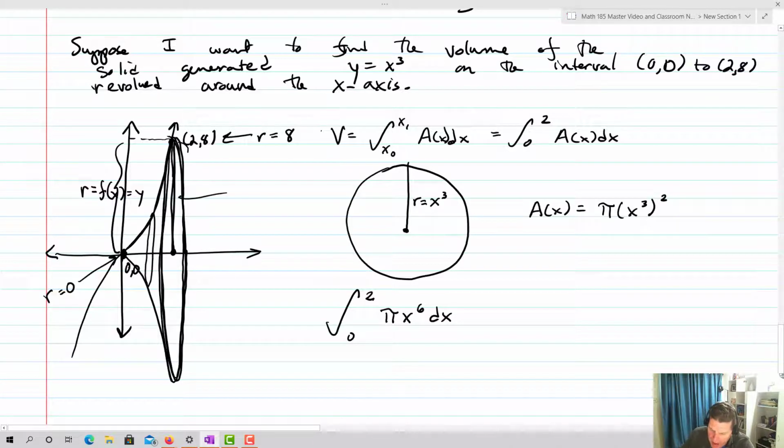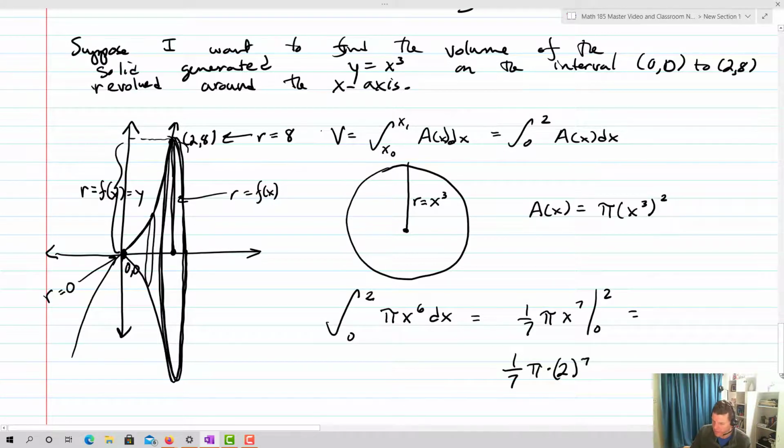So that radius r again equals f(x). Then we integrate and end up with 1/7 pi x to the 7th, from 0 to 2. And so we end up with 1/7 pi times 2 to the 7th. And that, in fact, is our volume V.